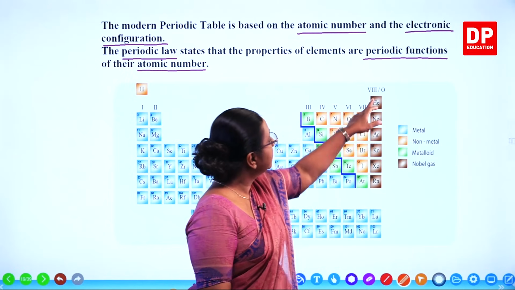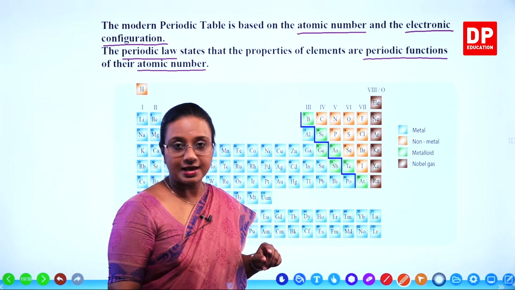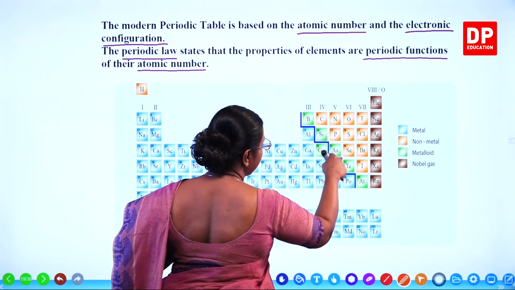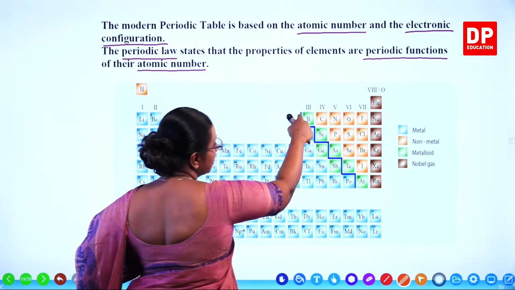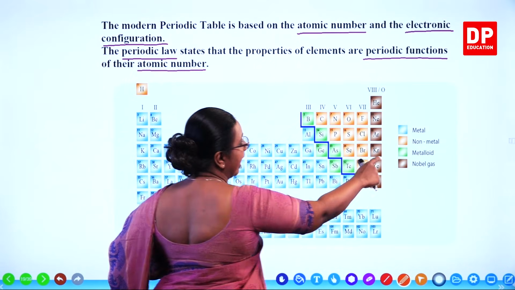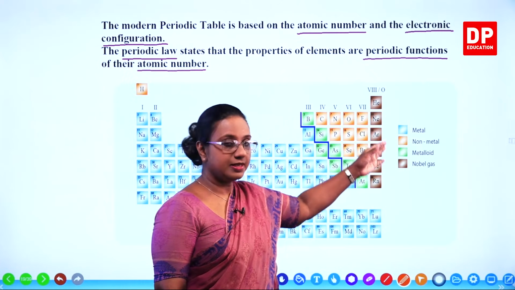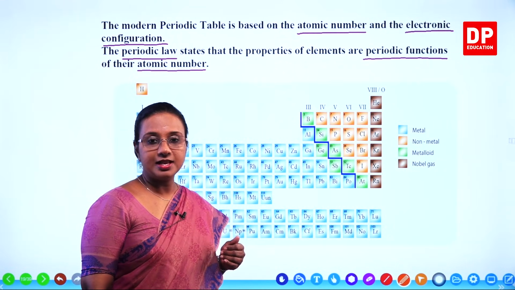The dark brown region is the noble gases. And you can see there is a zigzag step-like pattern there. These are shown in green color and they are known as metalloids. We will be discussing these types and their properties later in the lesson.